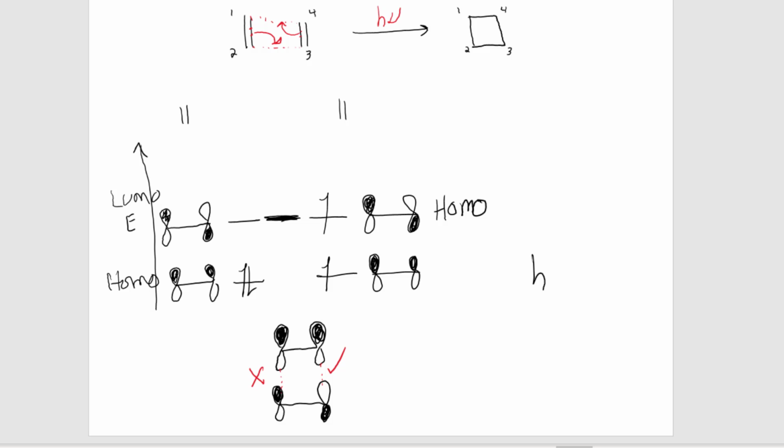Now, with light, I have the LUMO for the one on the left, right? And I can align the HOMO after exciting. And again, you have to make sure that you can turn them all over the place to match.